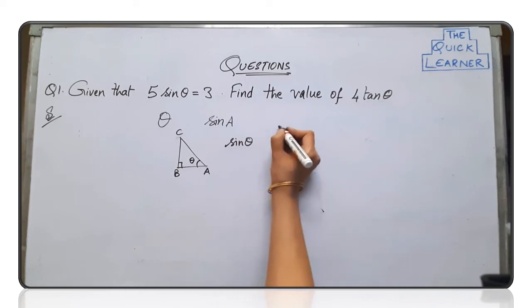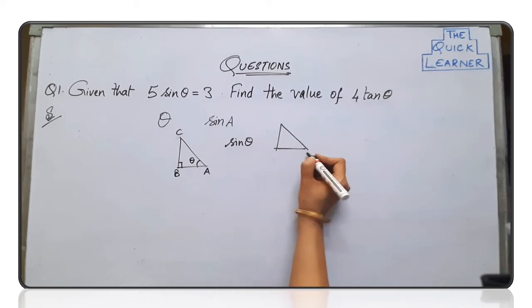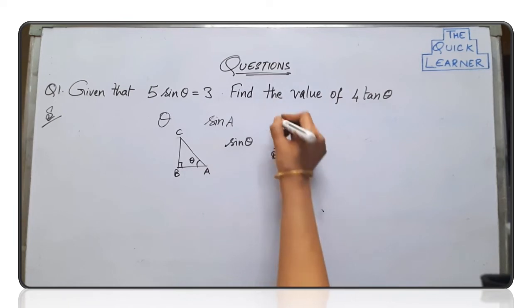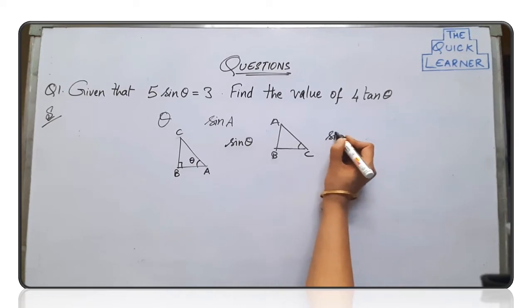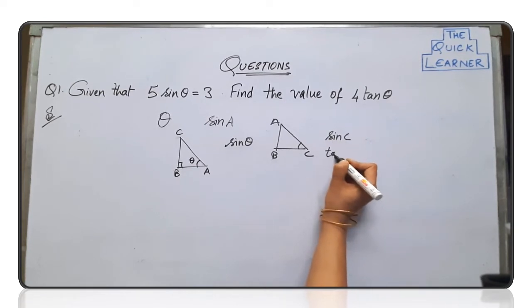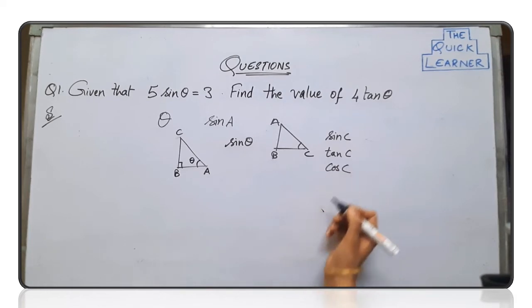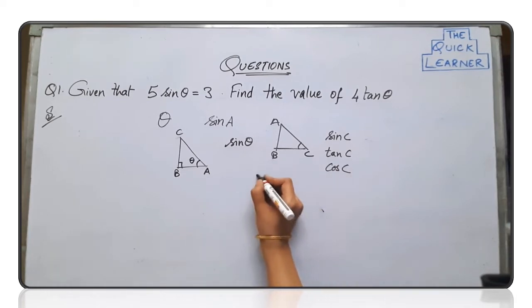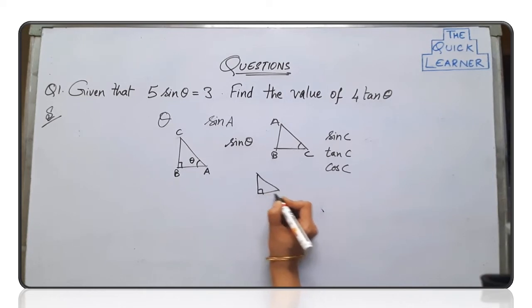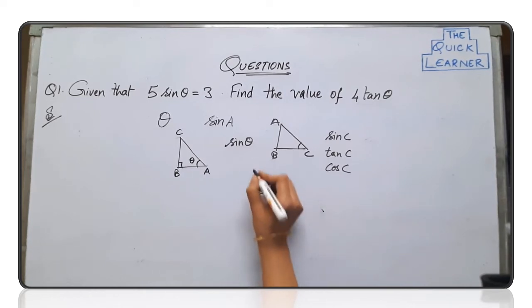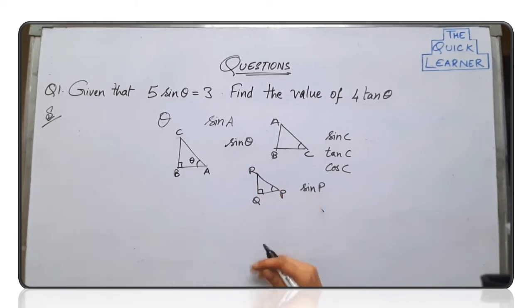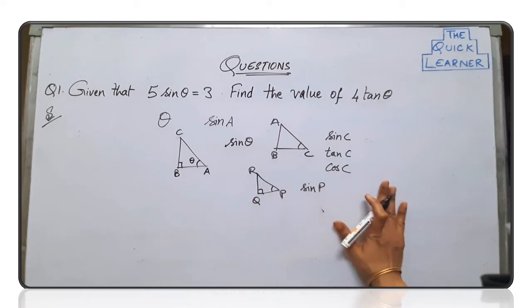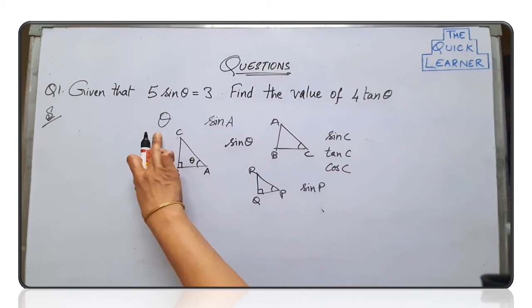In some triangles, if this is C, this is B and this is A and this is the angle you have to find, then you write sine C, tan C, cos C and so on. If the right angle triangle is P, Q and R, then it will be sine P if you are solving for this angle. I hope this doubt is cleared for everybody. So this symbol is theta. We call it theta.